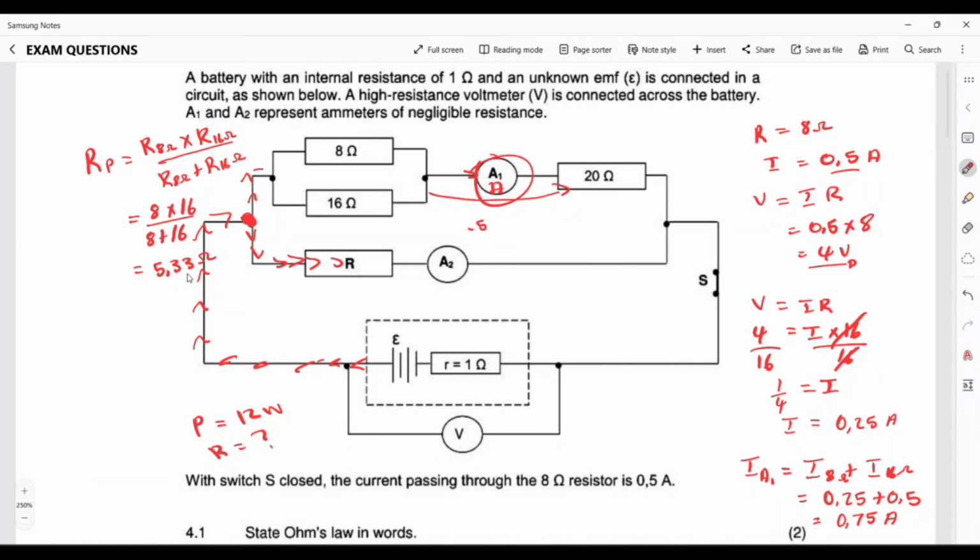From there, this is now simply one whole resistor, which is 5.33.